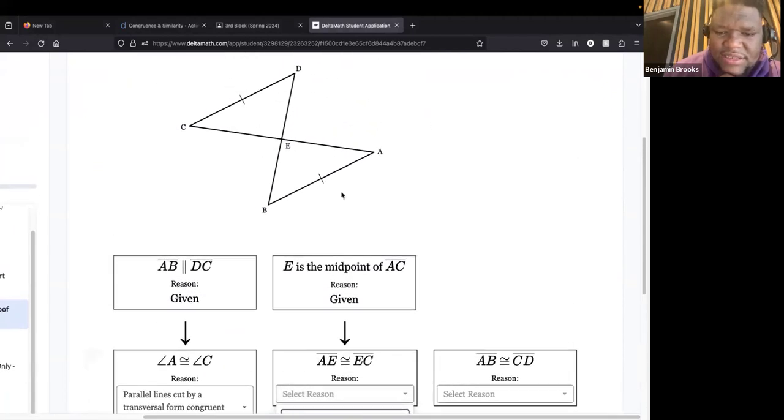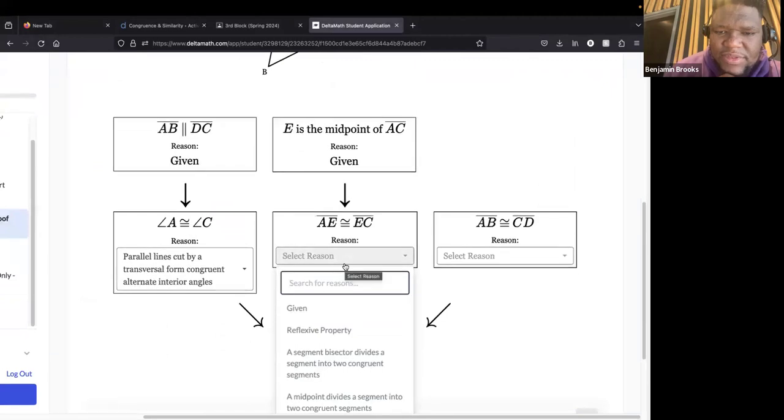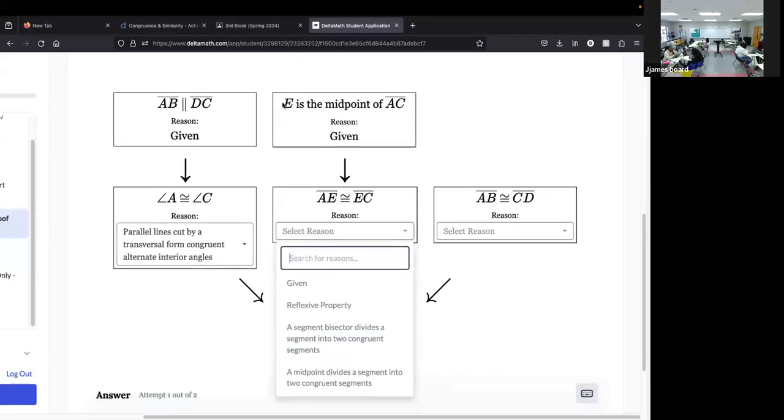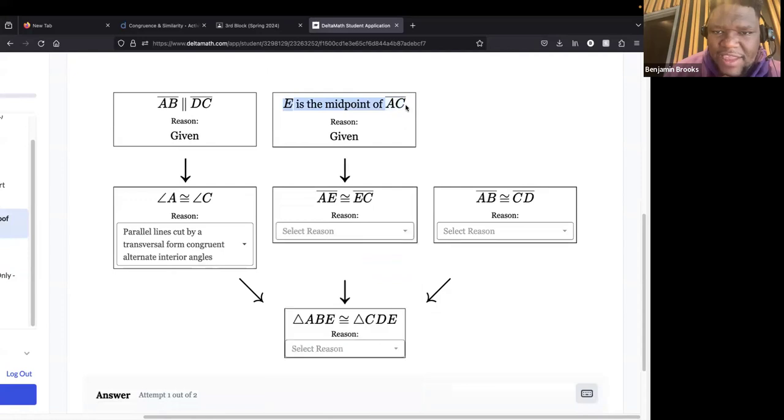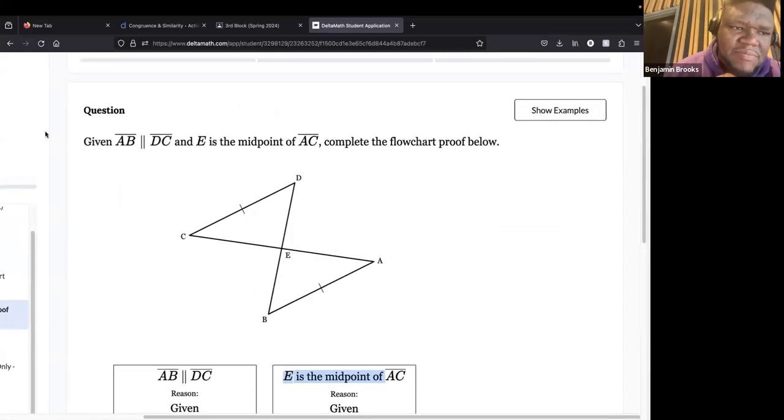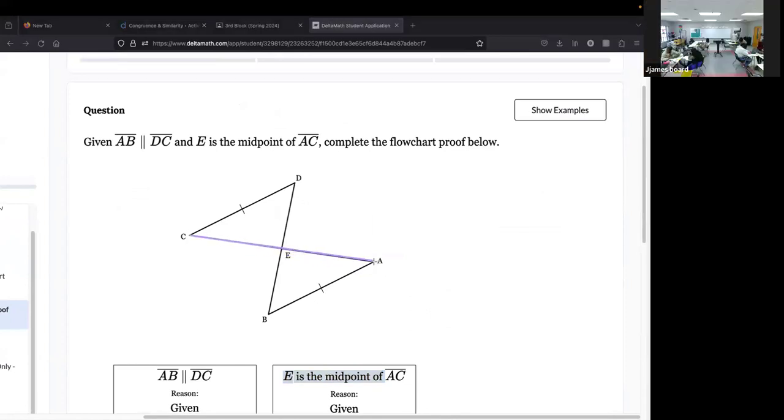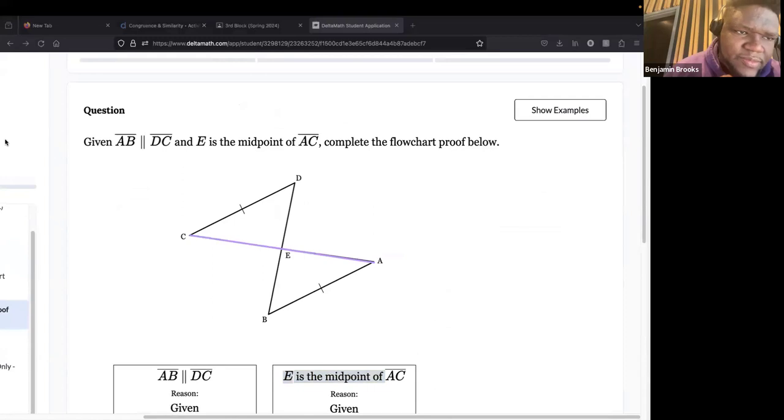AE is congruent to EC because we're told that E is the midpoint of AC. So if E is the midpoint, think about it like this. What does a midpoint mean? What does it mean to be a midpoint?